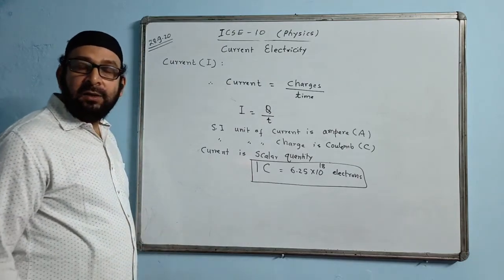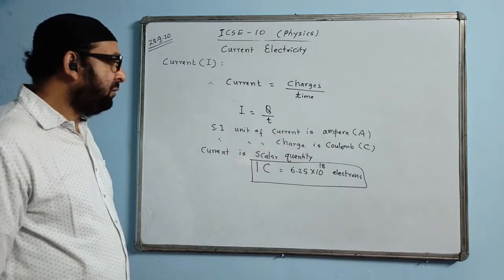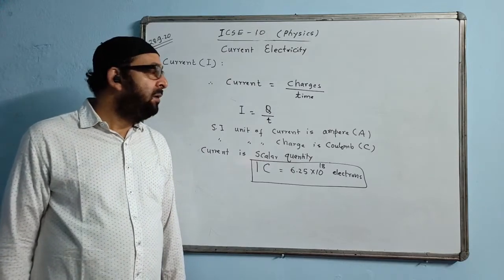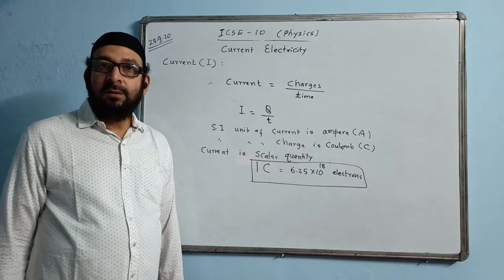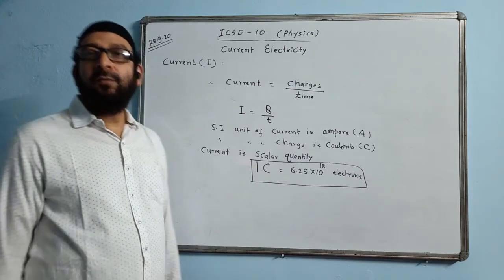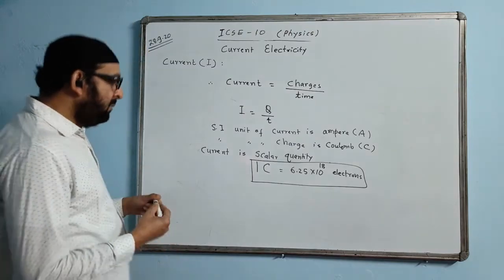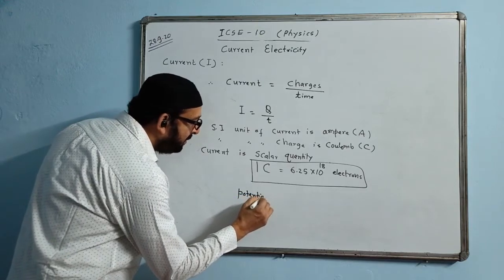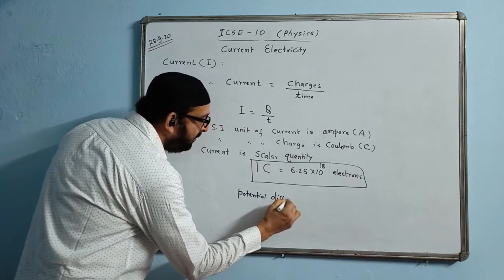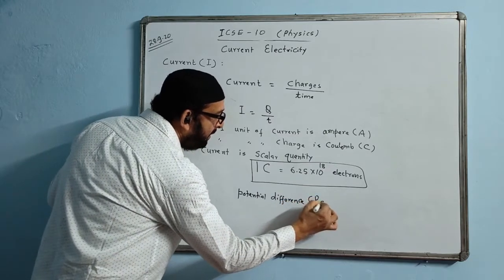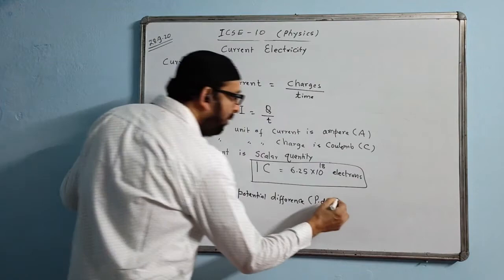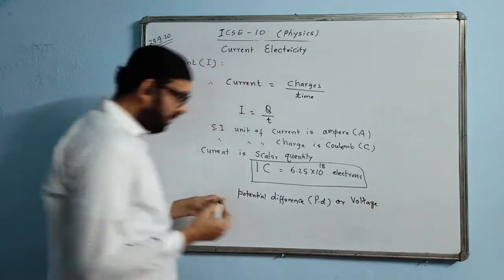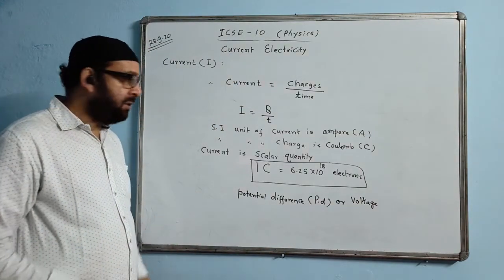Then write down the necessary condition for the flow of current: the potential difference, or PD, also called voltage.